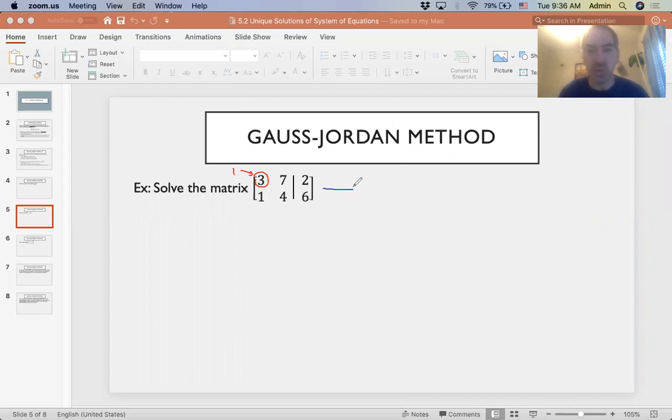So I'm going to switch row 1 with row 2. I'm just going to flip it. I'm going to put that 1, 4, 6 as the first row, 3, 7, 2 in the second row. All right, so now I've got my 1. I've got my leading 1. I've got that pivot. Now I want everything else in that first column to become 0.